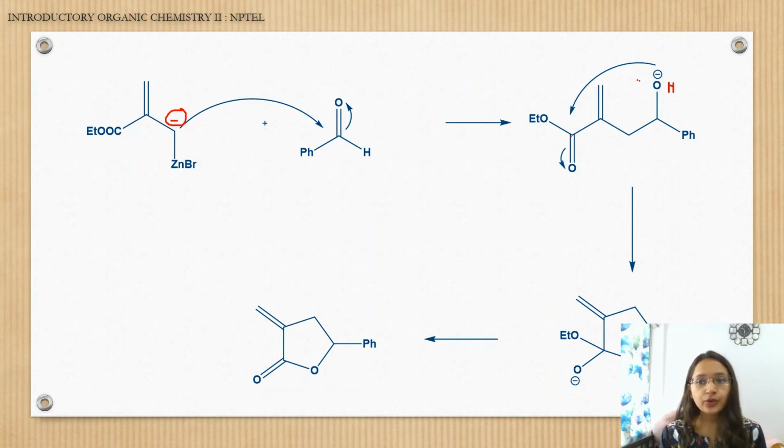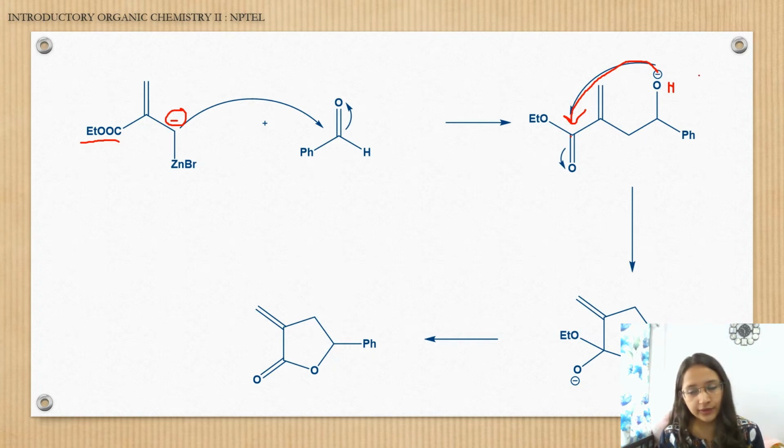So you have an electrophile here and a nucleophile in the system, present intramolecularly, and you can end up with the attack of this oxyanion on this particular carbonyl carbon. If it doesn't have the COOEt group in the system, then this oxyanion will abstract a proton from the proton source, and it will end up there only. Okay. So what you have here is that this COOEt is not there, and only this kind of system is there with OH.